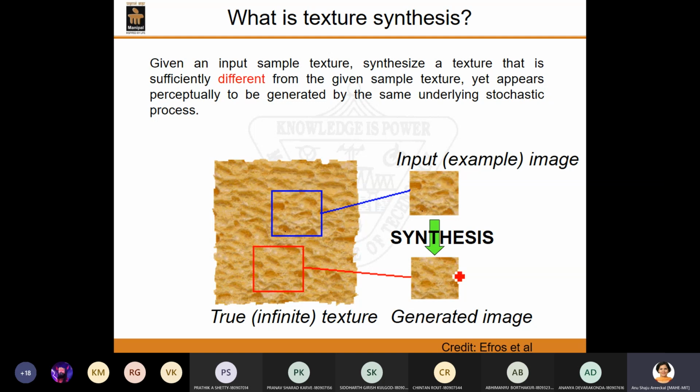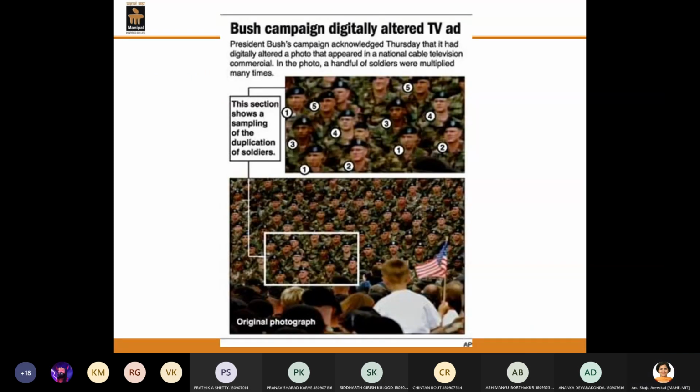So when we look at these two, we can easily say that this has got the same texture pattern within themselves. So texture synthesis methods basically look at creating or synthesizing a different image as compared to the input image, but at the same time capturing the same texture information which is present over here. And there are various texture synthesis methods for this. We'll be discussing only one such technique.